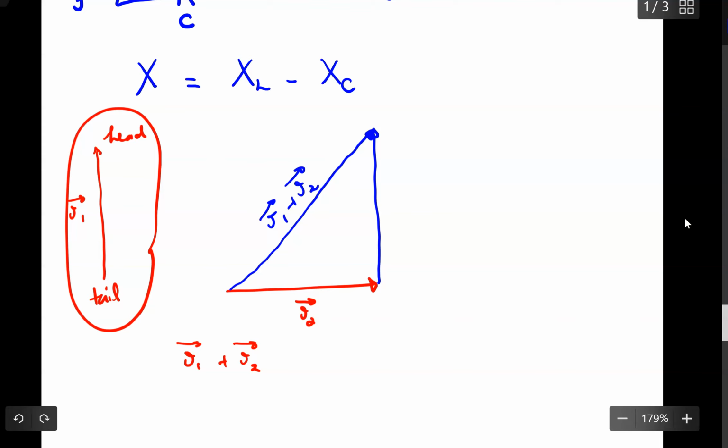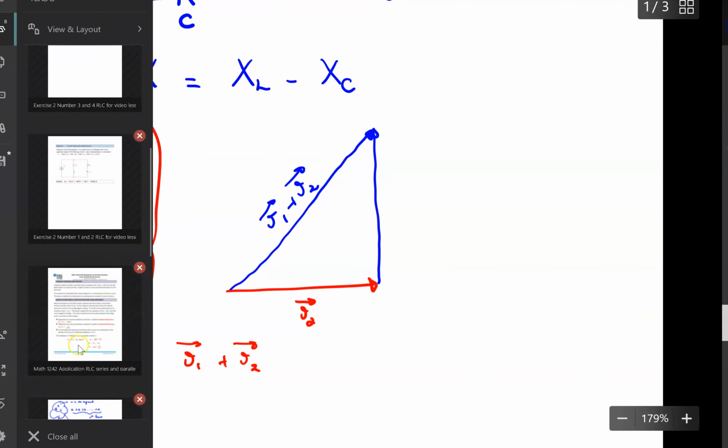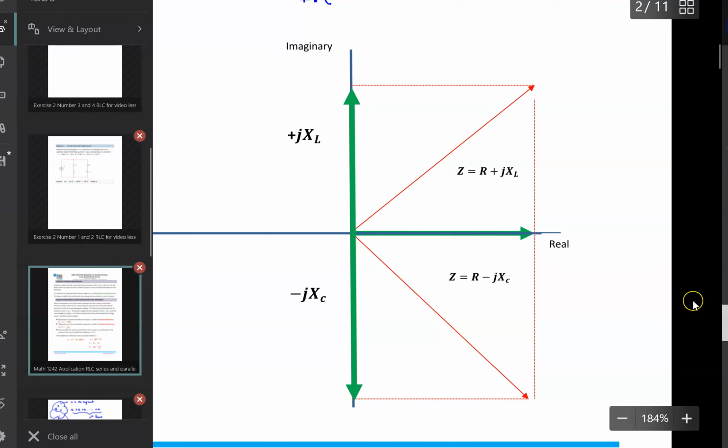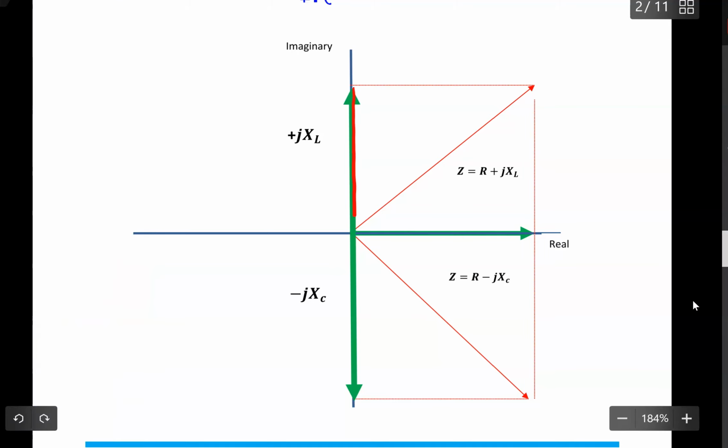So let's get back to our mathematical model for the series RLC circuits. If I pick this vector right here and I project it onto this part of the graph, I put it right there.